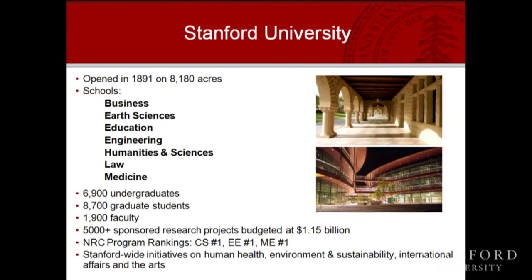From the time that it opened its doors, Stanford University was very untraditional. It was coeducational, it was non-denominational, and it also was committed to providing a practical education. They wanted to produce useful and cultured citizens.